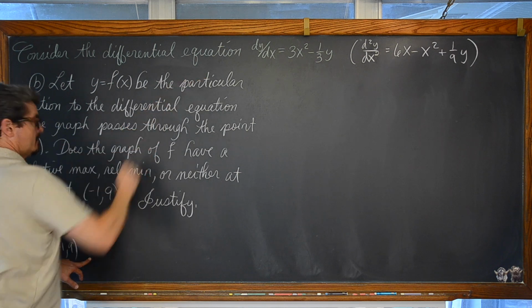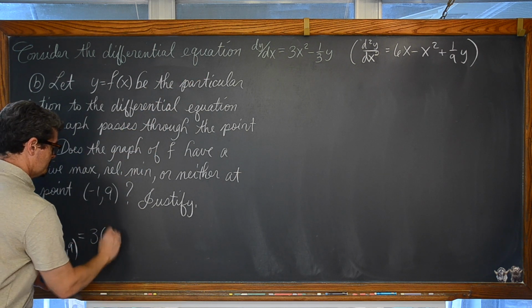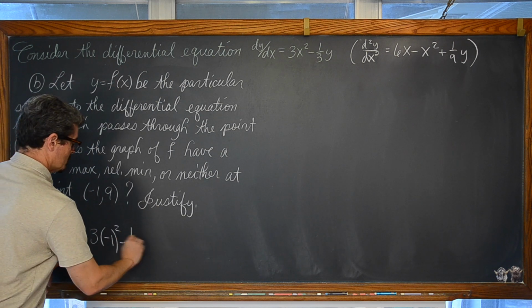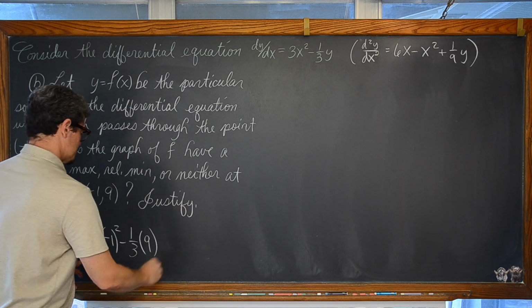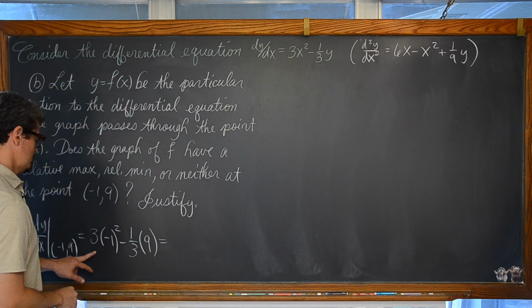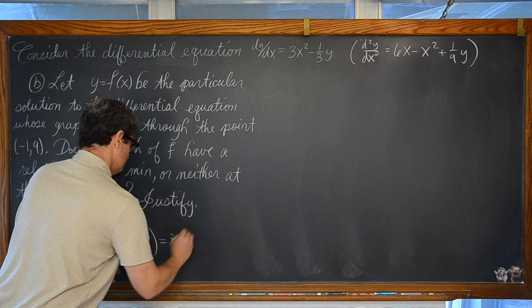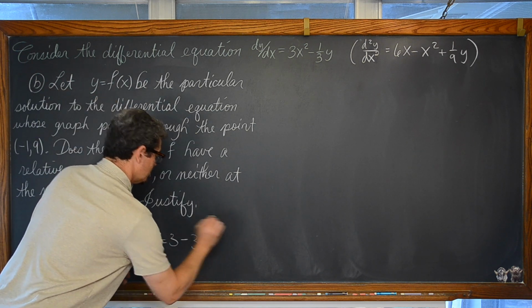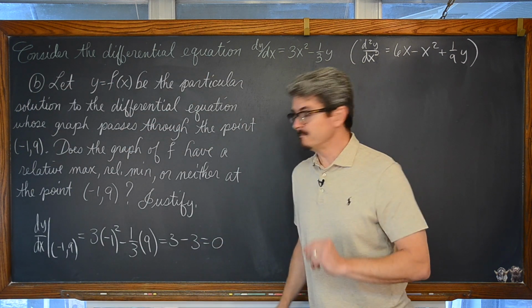We have 3 times the x value of -1 squared minus 1/3 times the y value of 9. I'm using equal signs when I told you not to, for fear of getting some easy linking errors. Okay, so your first derivative is equal to 0. Good.